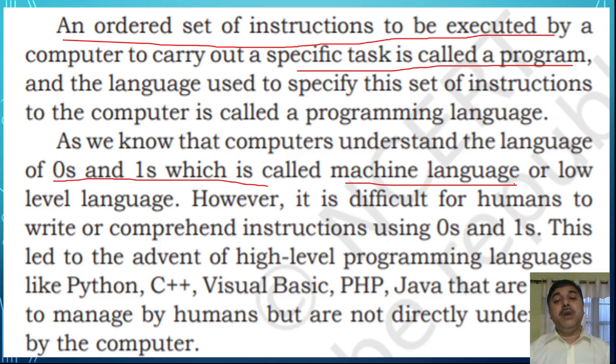That means we have to make different patterns of language which are understandable by human beings. So what is our requirement? We need to convert it in such a way that human language can be understood by the machine, as well as machine language can be understood by the human being.